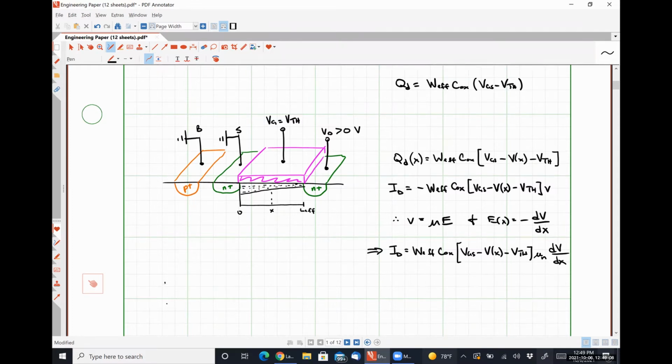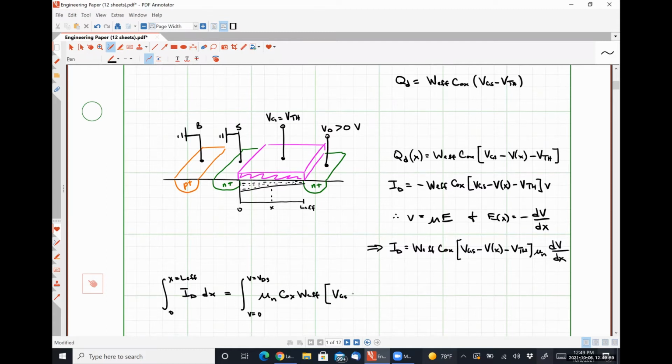If I integrate ID with respect to dx from one side of the channel to the opposite side of the channel, this will be equal to the integral from V equal to 0 to V equal to VDS of mu n Cox W effective times VGS minus my potential as a function of position minus VTH dV.